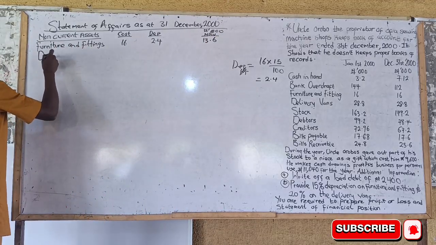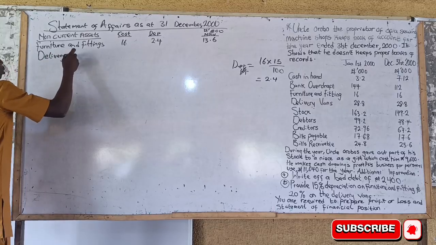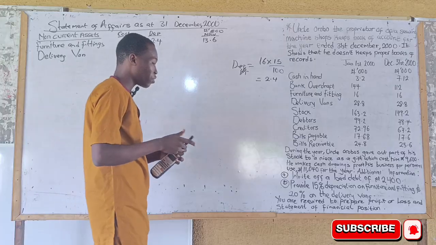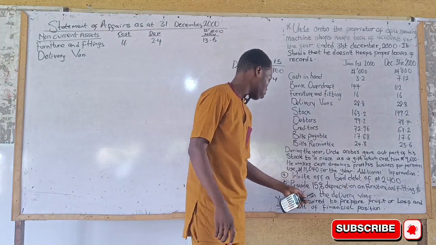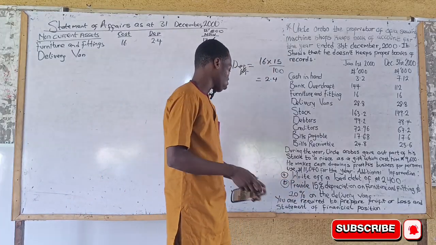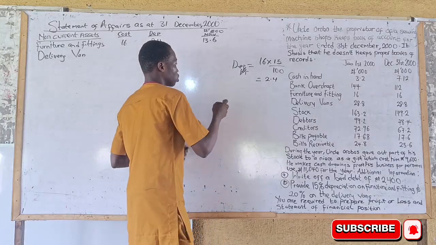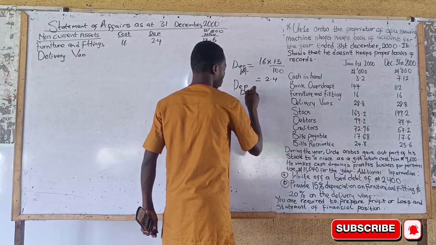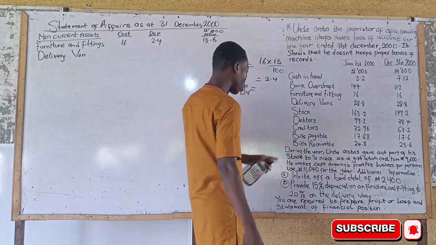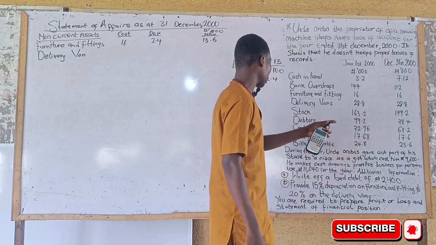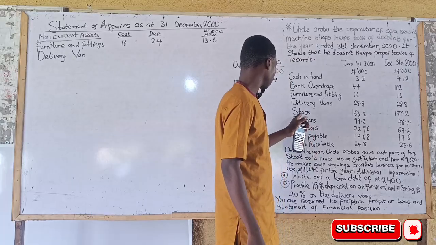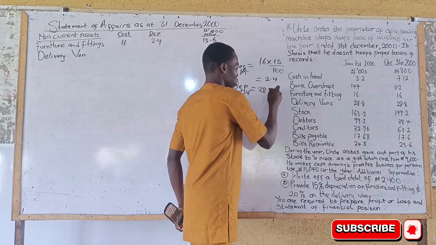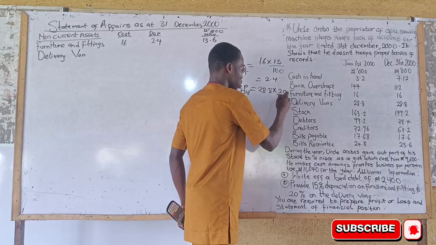The next one we have is the delivery van. For the delivery van, we have to make a provision of 20% for the depreciation. So depreciation for the delivery van is equal to the amount as at 31st December 2000, that's going to be 28.8, then the percentage, which is 20%.